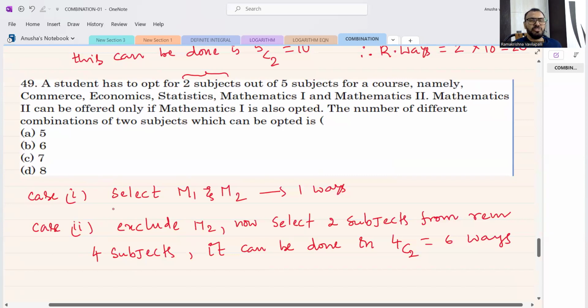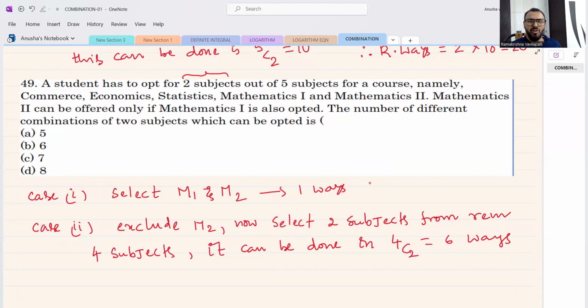Okay, so be careful here. Either the first case or here we have an "or". Either you select M1, M2, or remove M2 and then select 2 subjects from commerce, economics, statistics and mathematics 1. This can be done in 6 ways. Here we have a tip: "or" means you have to add the numbers.